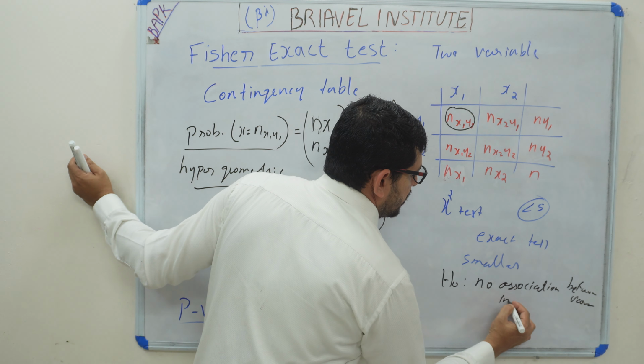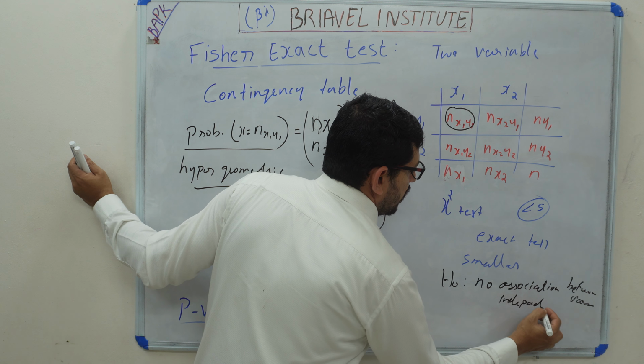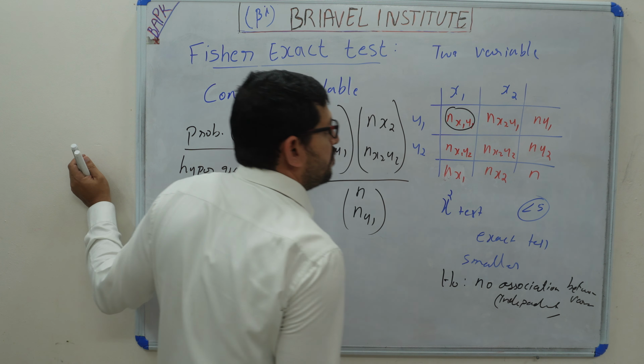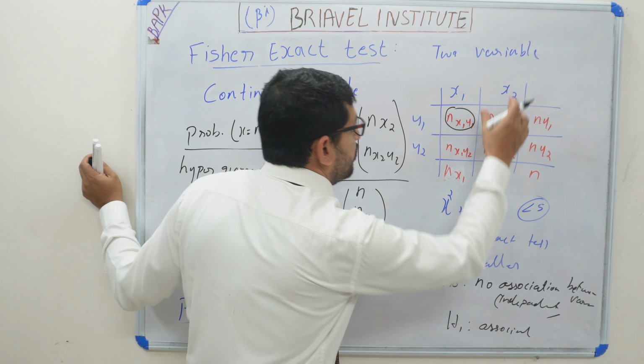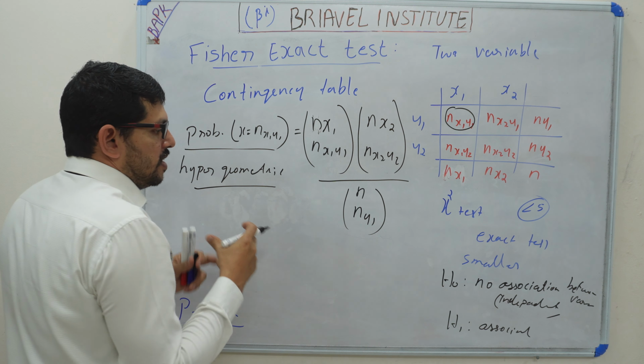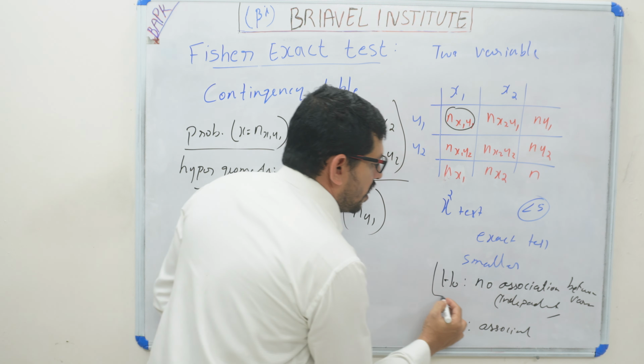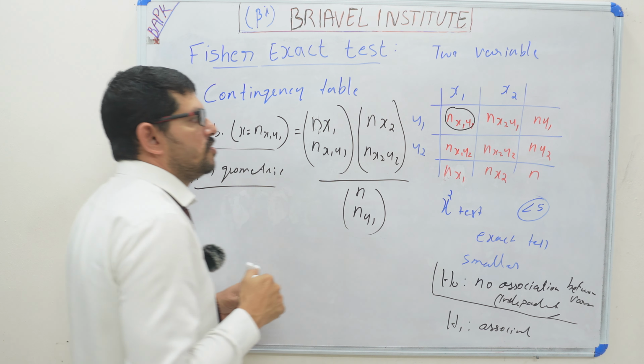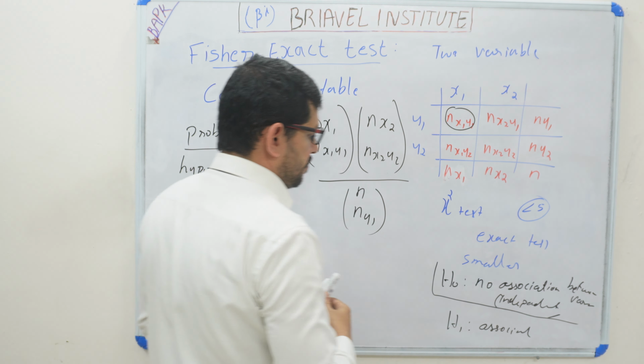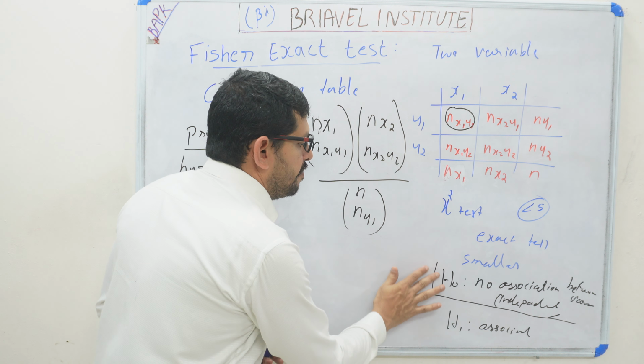So we can call that independent. H1 says there is an association between the variables. So these variables have some relationship, that is the alternative hypothesis. The null hypothesis always says there is no relationship or association between the variables, so these variables are independent.